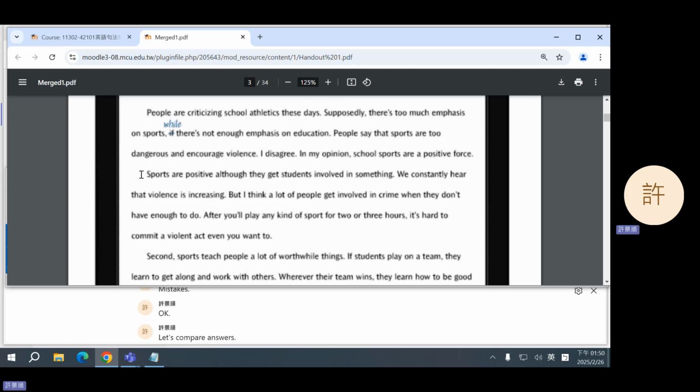Second paragraph, line 1. Sports are positive, although they get students involved in something. What's wrong with this sentence, Alex? Paragraph 2, first line. Okay, so although and even though mean the same thing.